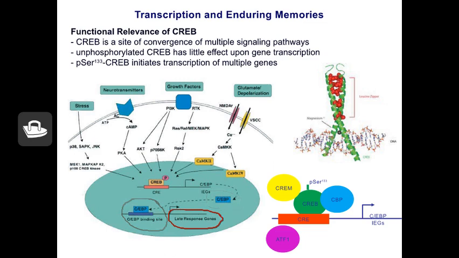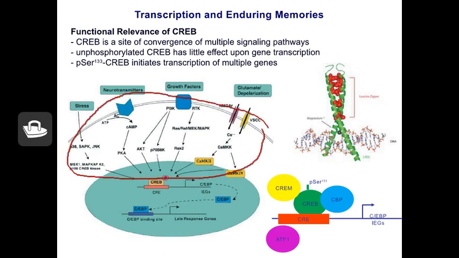This is the cascade of activity that is initiated by all of these biosynthetic pathways, ultimately interacting with Krebs to phosphorylate that serine 133. Stop and think about this for a minute. Every time you engage your brain and you process stimuli that you might incorporate into long-term memory, you are activating these pathways.